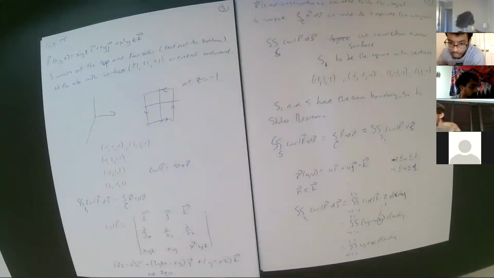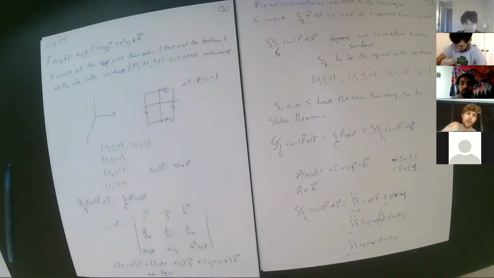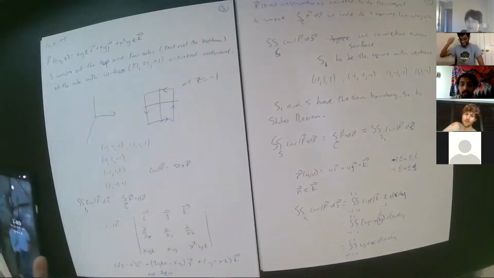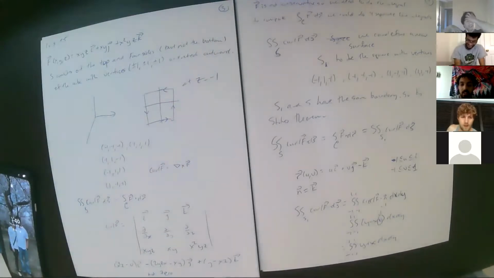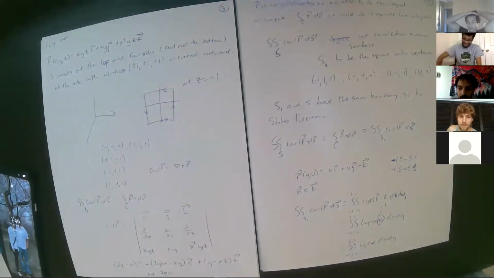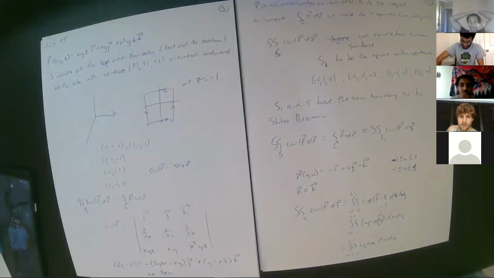Did that make sense? That was a lot of stuff going on. So when we did the R thing, the parameterization, how do we utilize that information?